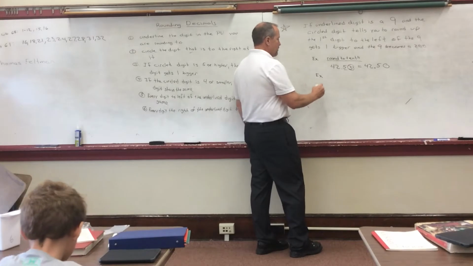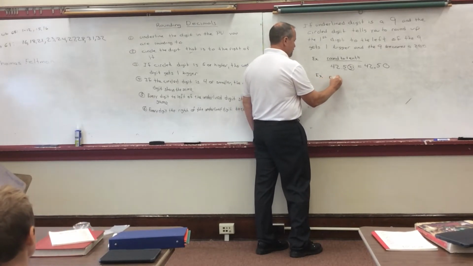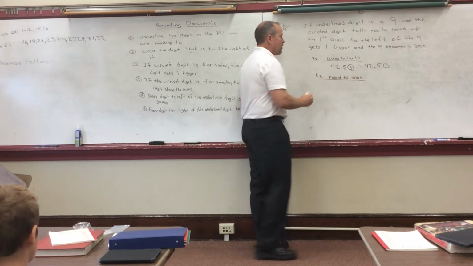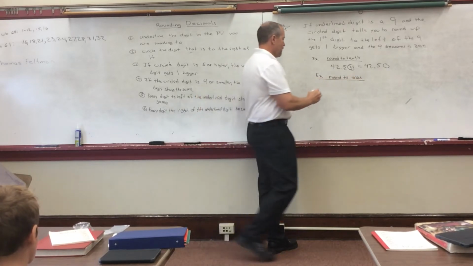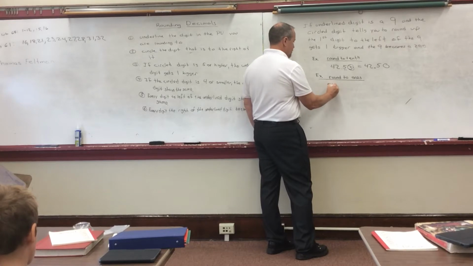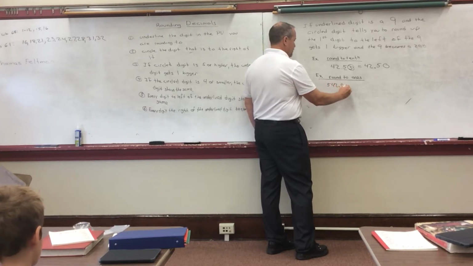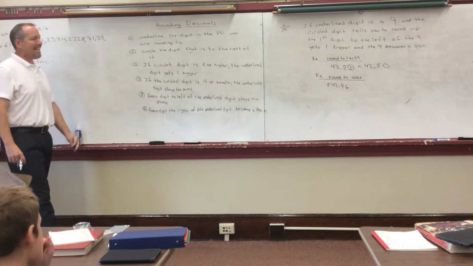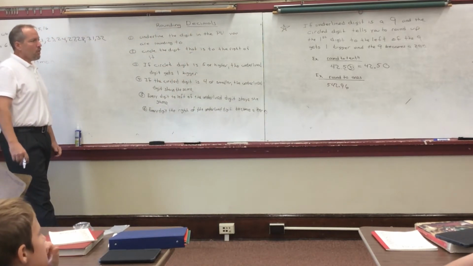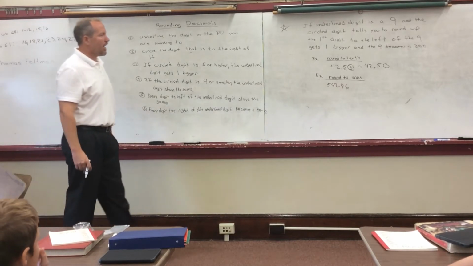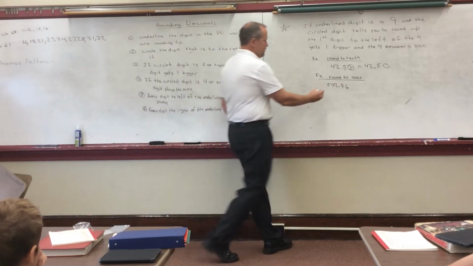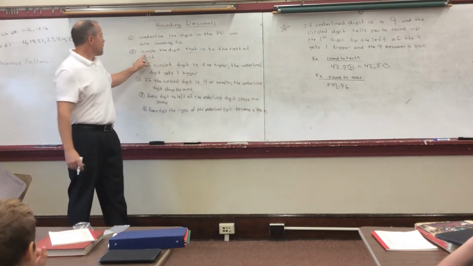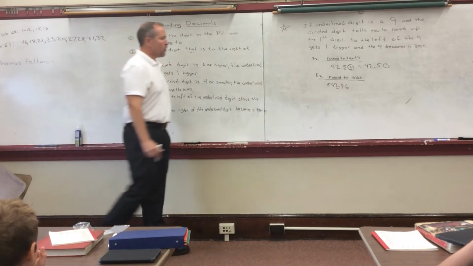We do another example. It says round to the ones place. 542 and 9,600. We're rounding to the ones place, so we're going to underline the digit in the ones. That is the 2. Next thing it says, circle the digit to the right. So we're going to circle the 9.